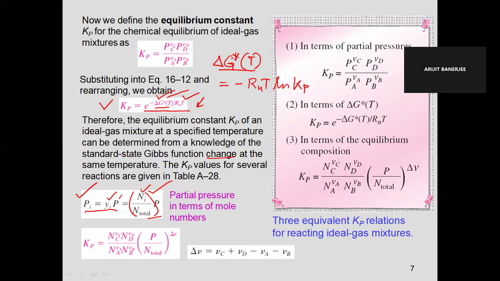Ni means the particular component, like methane or oxygen or H2O. Now N total means, at the particular equilibrium composition, the components including the reactants as well as the products. It is not simply the reactants or simply the products.